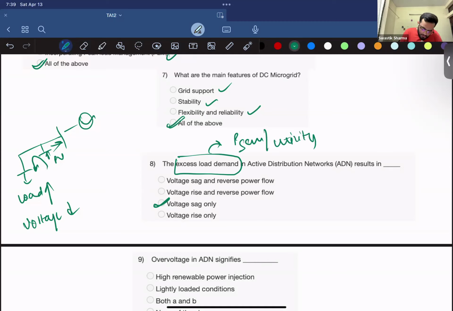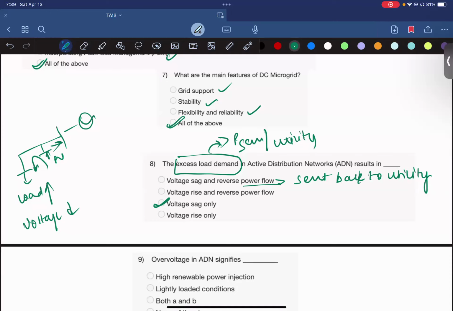So the power from your PVs or BESS would be directed to your load. Reverse power flow means power is sent back to the utility, and you won't do that. You would want that power consumed by your load at your distribution system end. So only voltage sag will take place, not reverse power flow. The power won't be fed back to the grid.